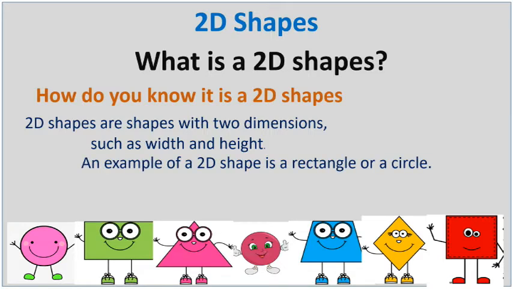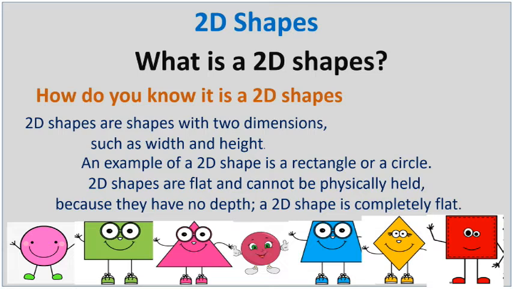An example of a 2D shape is a rectangle or a circle. These are 2 examples of a 2D shape. It's a rectangle or a circle.